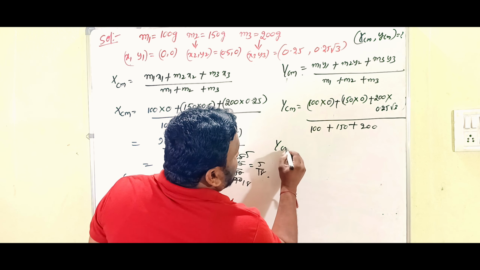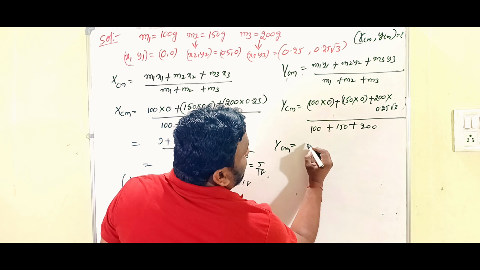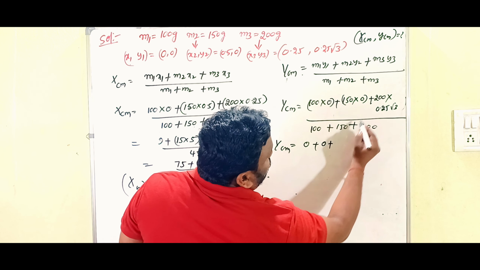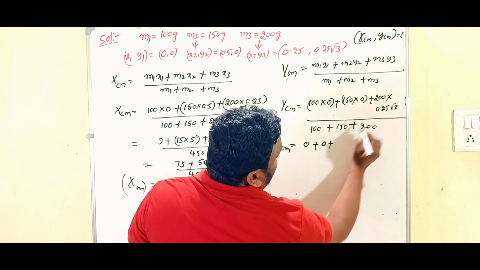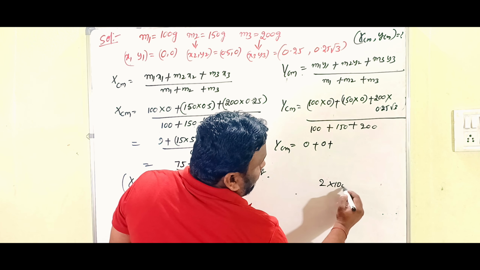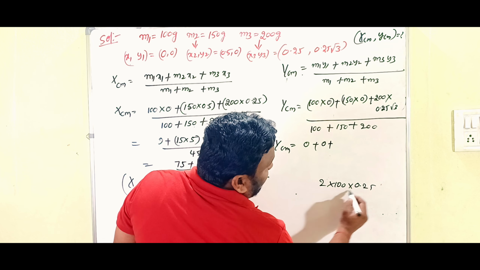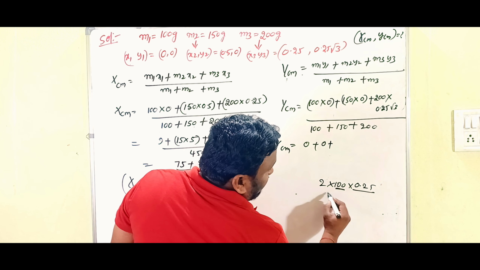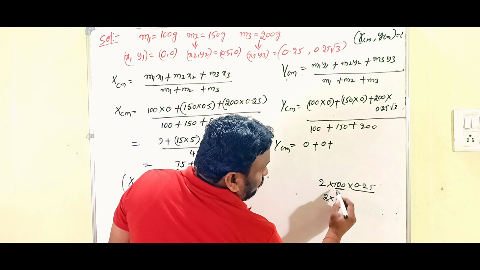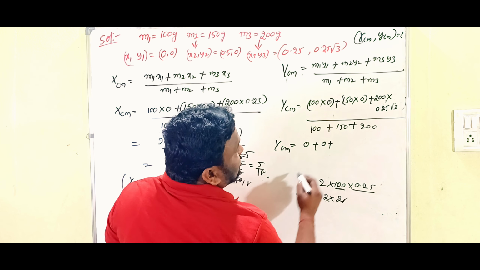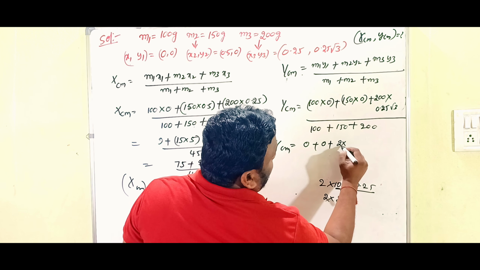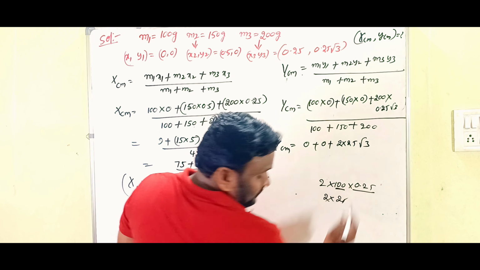So ycm is equal to 100 into 0, that means 0. 150 into 0 means 0. 200 into 0.25 root 3, that is 50 root 3.